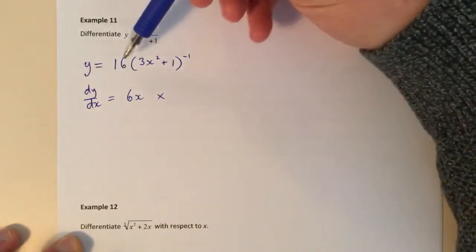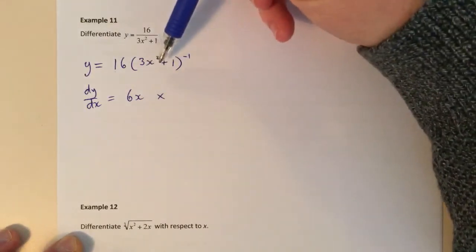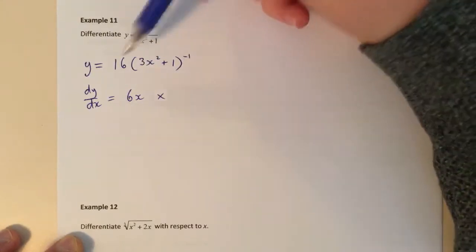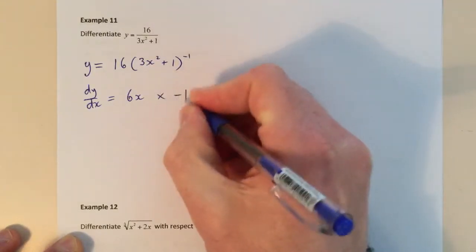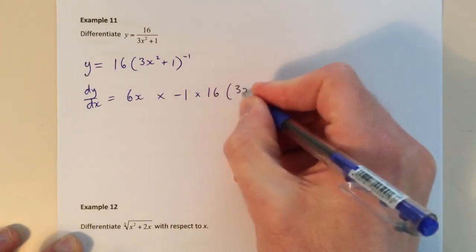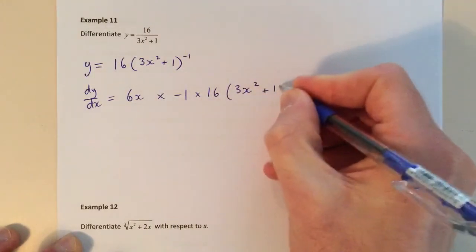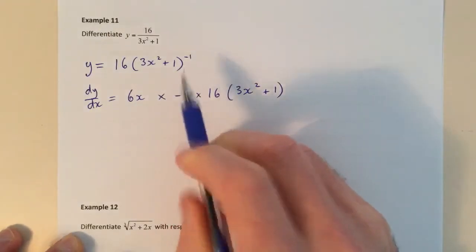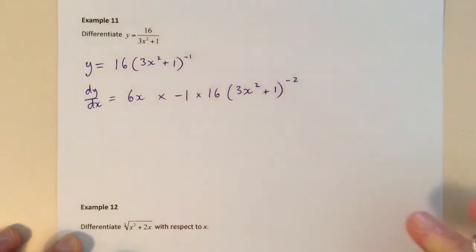We're just thinking of this as 16 blob to the power of -1. If you had to differentiate that, you'd times by the power, so -1 times 16. You'd keep the chunk there, which is always what happens in the chain rule. What's in the bracket stays as it is, and we subtract 1 from the power, so we get -2.